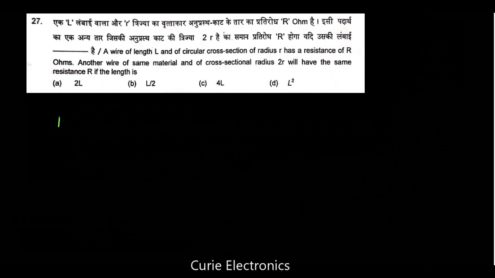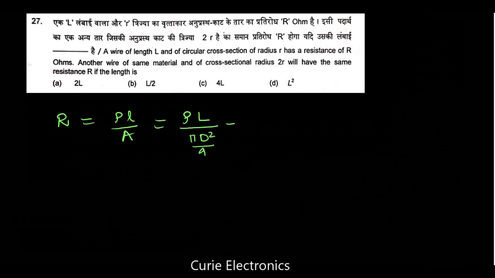So the first condition he is giving is rho L upon A, where capital L is the length of the wire. What is A? Radius he has given, radius r. If you know the radius, the area is pi r square. I am usually familiar with pi d square by 4.